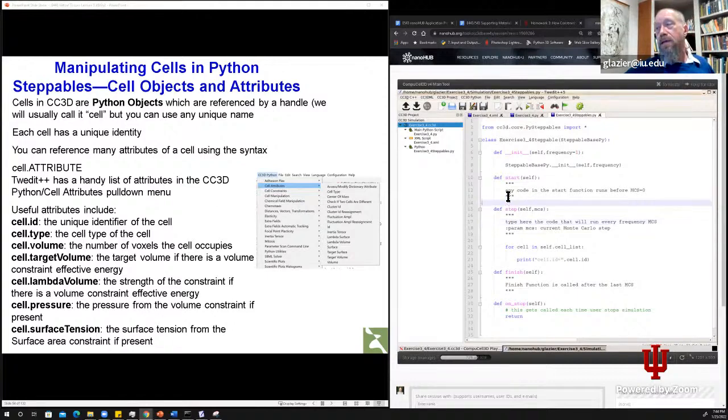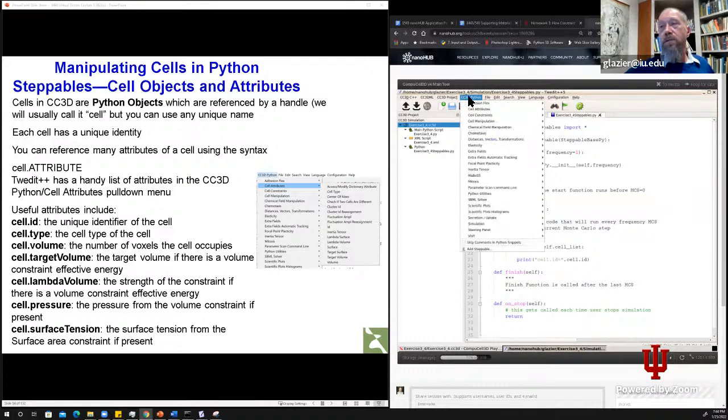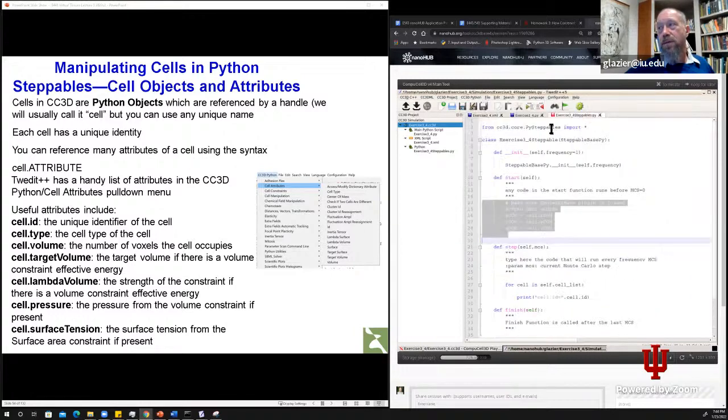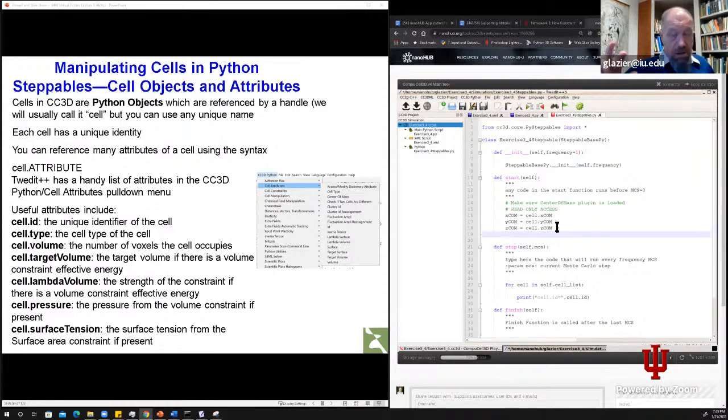If I want to see what I can do, I go under CC3D Python, cell attributes, and if I don't remember the syntax, I can ask it to paste in, I want the center of mass of my cell: cell.xCOM, yCOM, zCOM. So Twedit has code snippets, templates for most of the things that we are going to do pretty often. They're not always configured with the most useful defaults, but they're there.